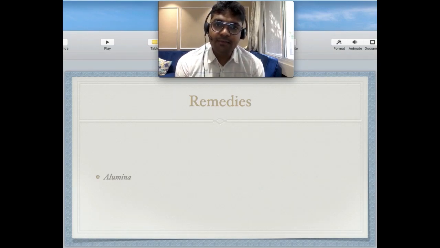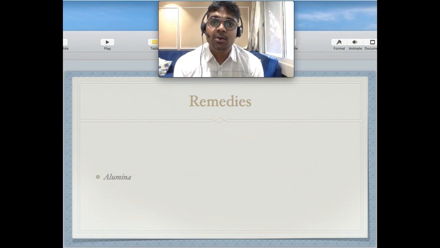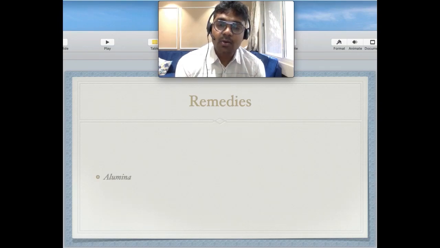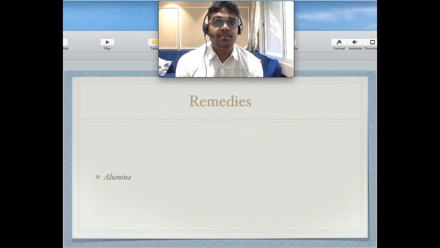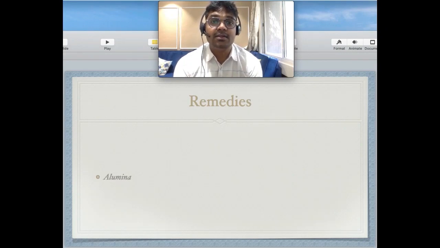But since we have given him Alumina for the last 3 years, he has not had a single convulsion. Most importantly, now he is able to see injury, he's able to see blood, and he does not faint.